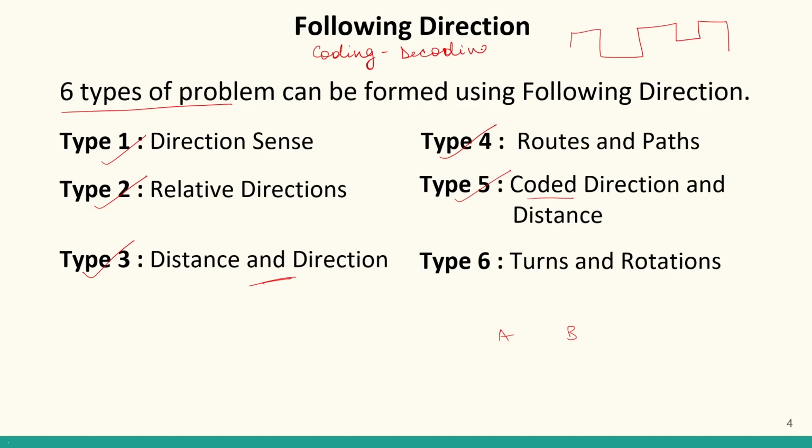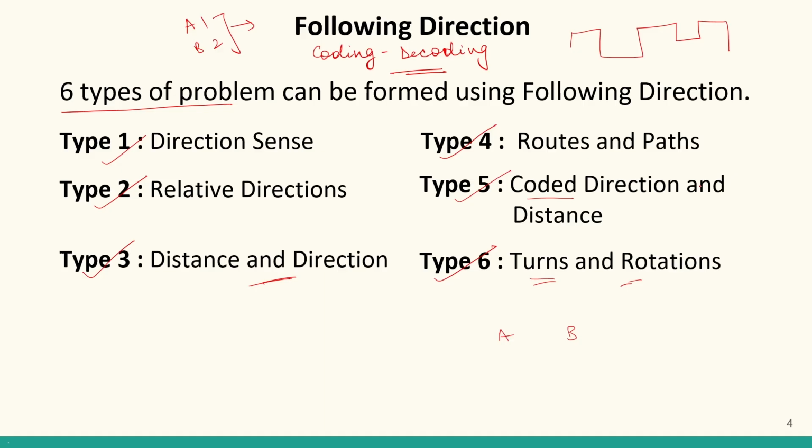In coding decoding, we wrote A as 1, B as 2, and then we had to decode them further. The same concept we use for following directions as well. This is not very tricky or anything. Then we have turns and rotations, based on how many turns or rotations a person takes. So all these 6 types of questions can be formed from following directions.